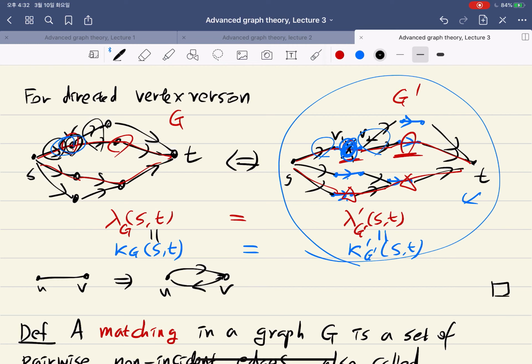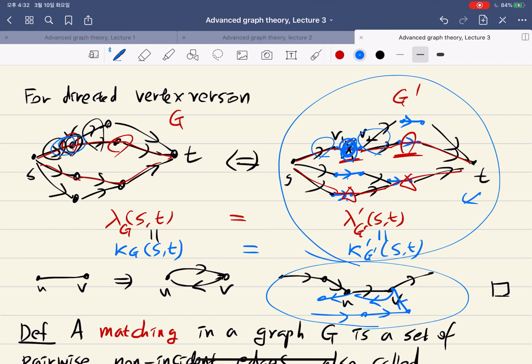One thing you need to be a bit careful about is that when you want to find some edge disjoint paths, if one path uses, say, UV in one way, and the other path uses it the other way, then in the directed graph these two paths are actually edge disjoint, but in the original undirected one, those two are not edge disjoint.